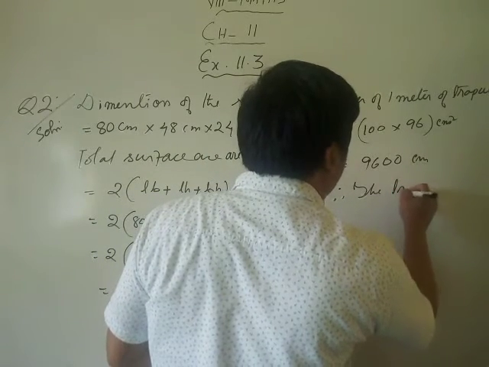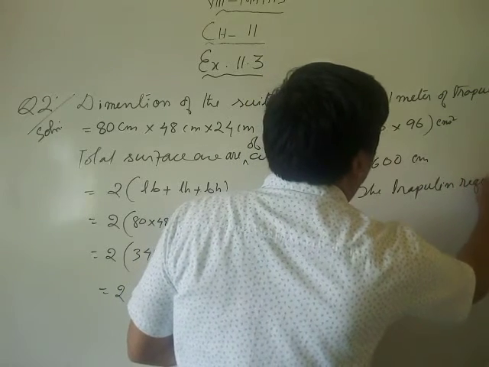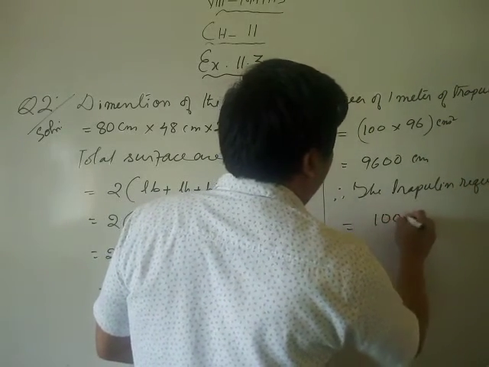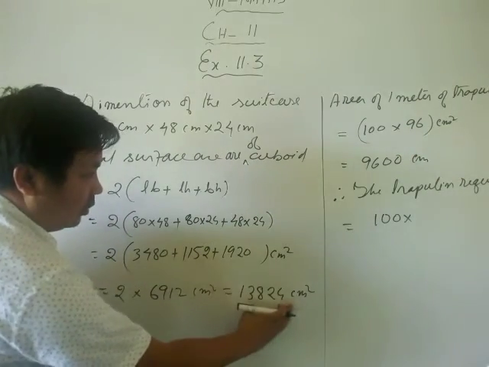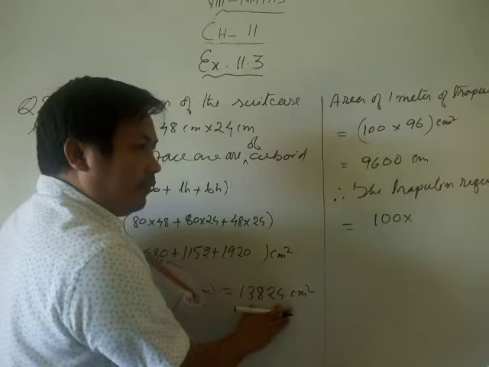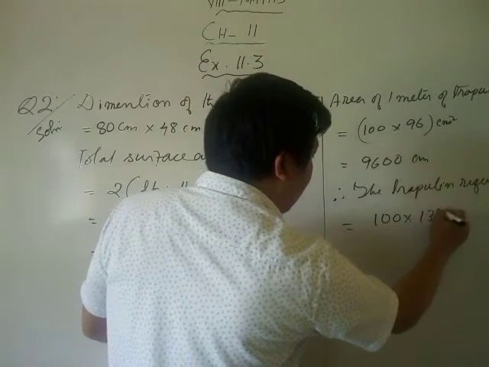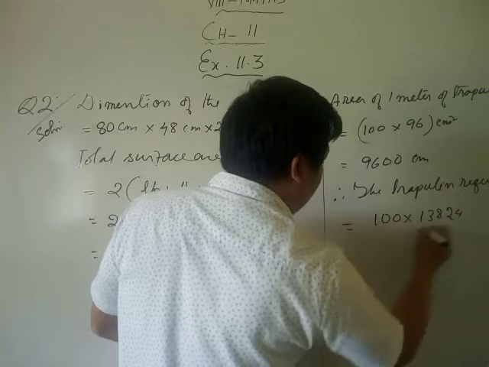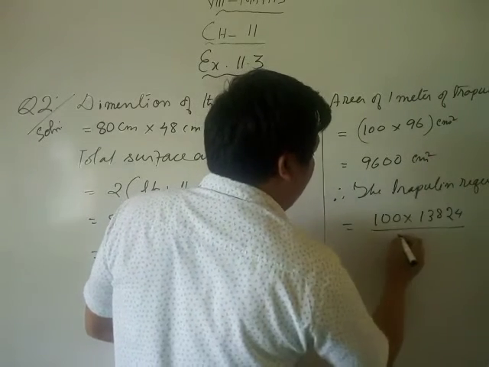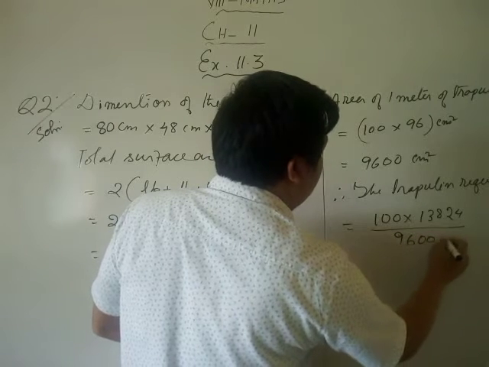Therefore, the tarpaulin required is equal to 100 into the total surface area of one suitcase, that is 13,824 centimeter square, divided by 9,600 centimeter square.